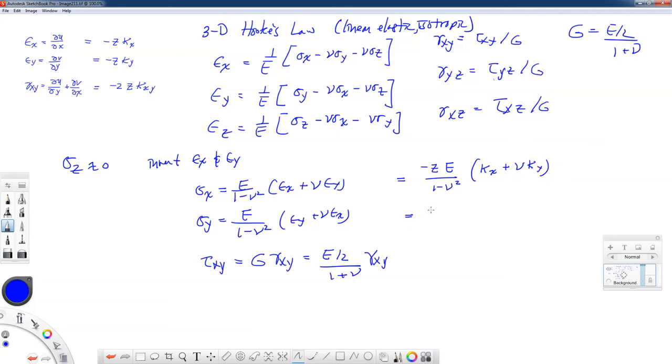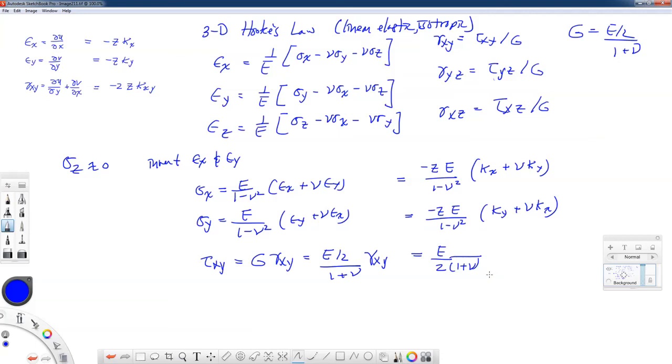We have minus z E over 1 minus nu squared. We've got a kappa y plus nu kappa x. And then on this term, let's see, we have E over 2 divided by 1 plus nu.